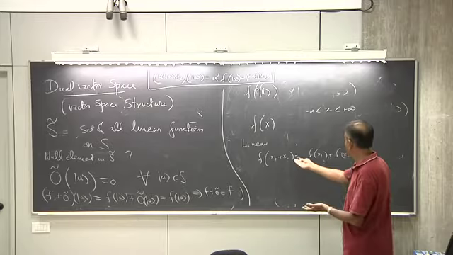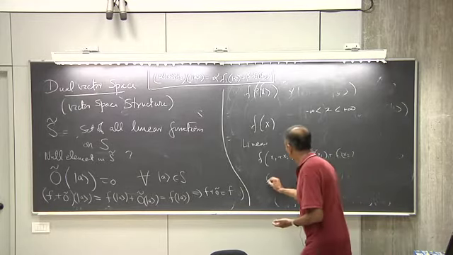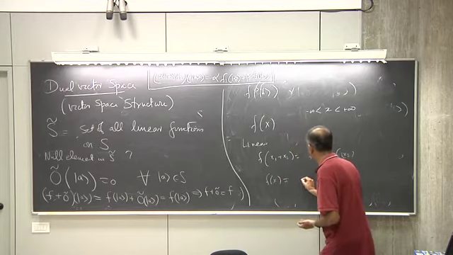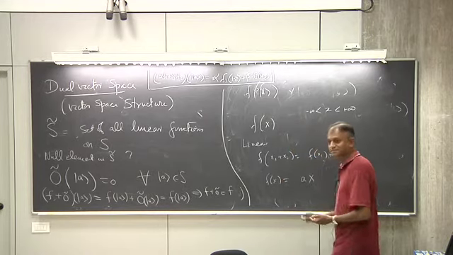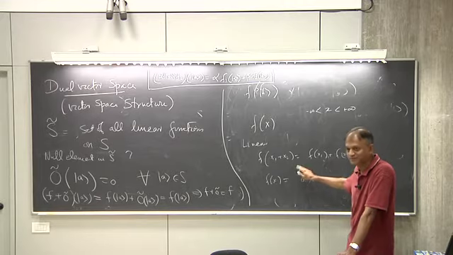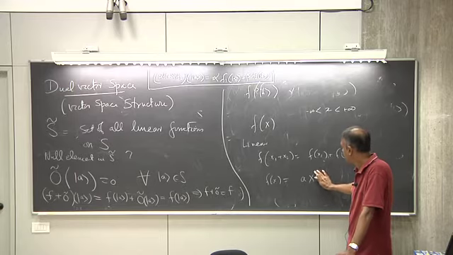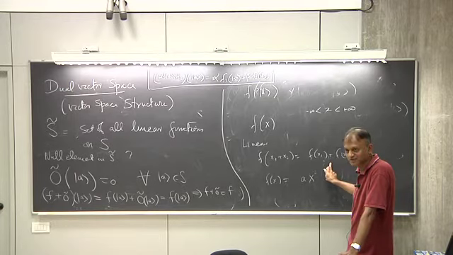And then you see that this condition tells you that the only linear function is f of x equals some number, let's say a, times x. That is the only function which satisfies the property. If you take a quadratic, that will not satisfy this equation, right? It's only a linear function.